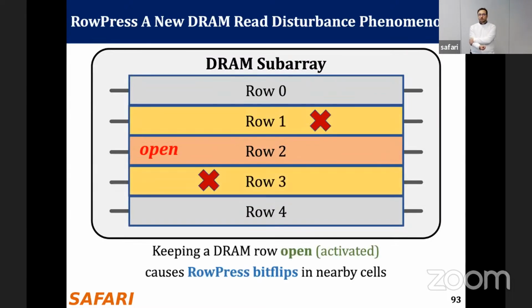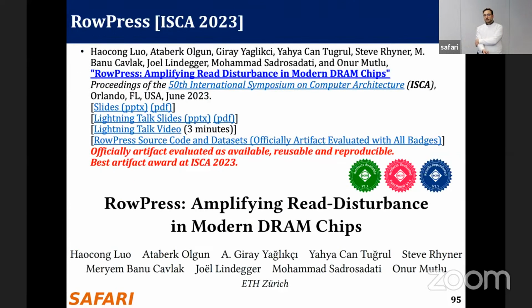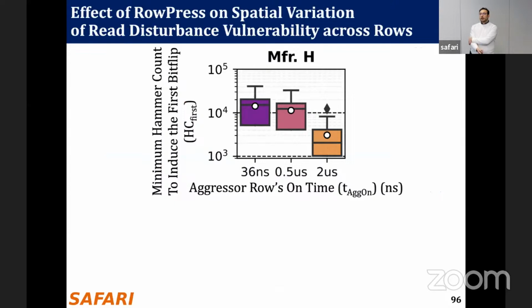In RowPress, we open the row, wait long enough, and then we observe bit flips. In RowHammer, you open and close as frequently as possible. But in RowPress, you open, wait a little bit, close, and immediately open again as soon as possible, and then wait again. RowPress shows that this kind of access pattern can significantly reduce the hammer count you need to induce a bit flip.